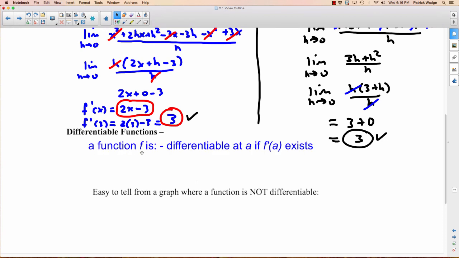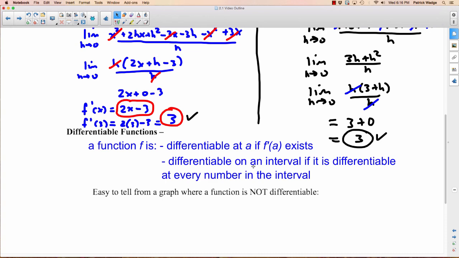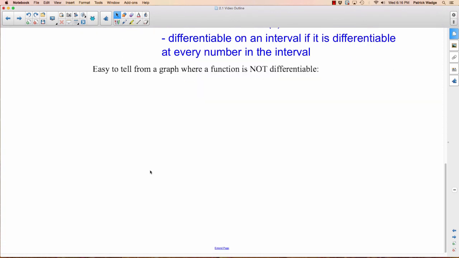A function f is differentiable at a if f prime of a exists, if the derivative exists. That makes sense. And it's differentiable on an interval if it's differentiable at every number in the interval. So it's very easy to tell from a graph where a function is not differentiable. There are 4 things to look for.